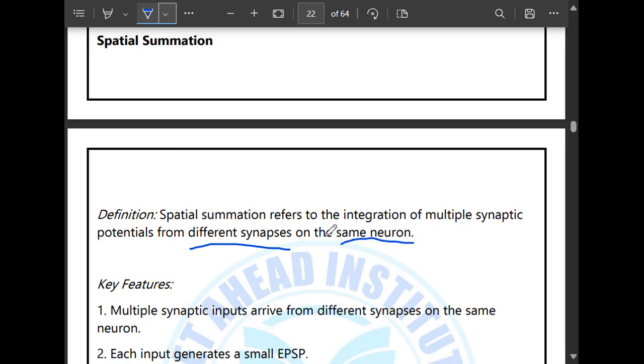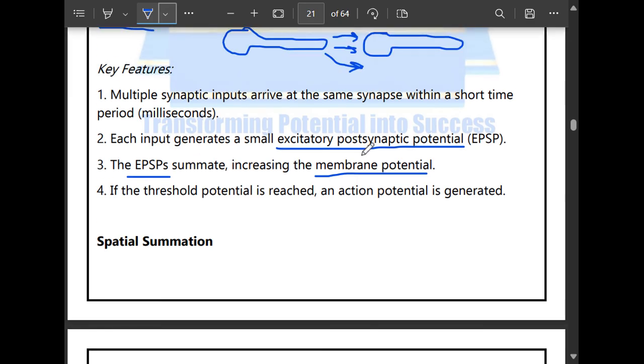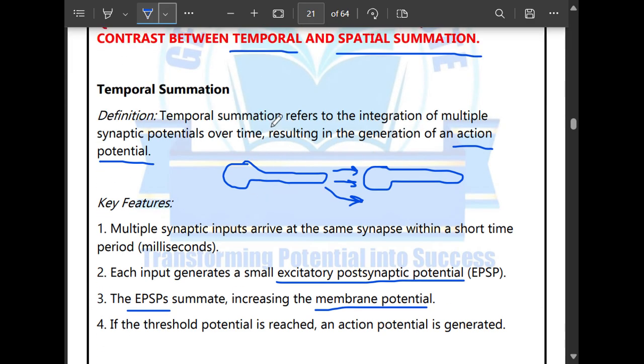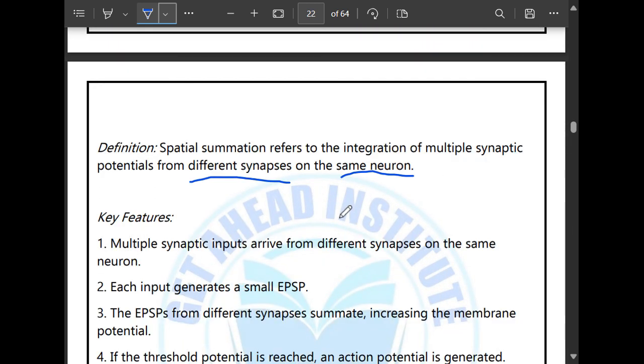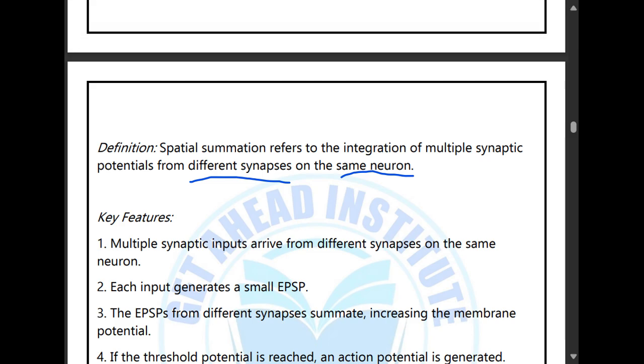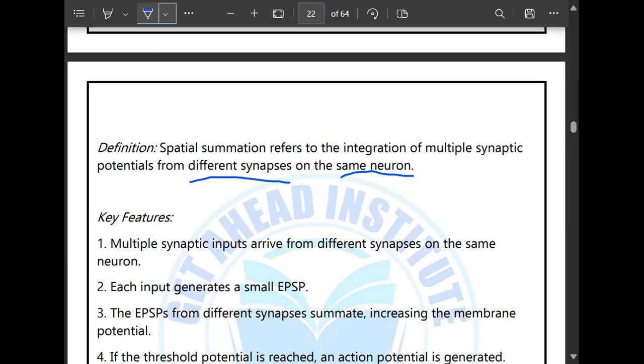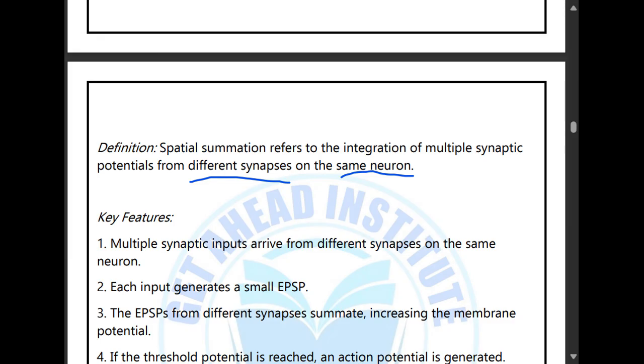In temporal summation we had one presynaptic neuron, but in spatial summation we have three presynaptic neurons. Those three presynaptic neurons will fire simultaneously on one postsynaptic neuron.